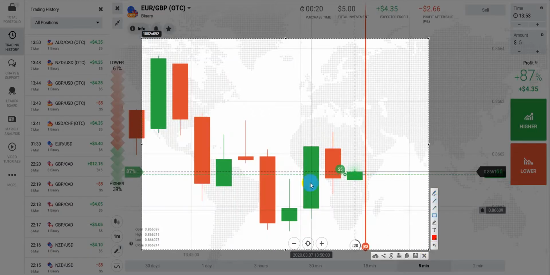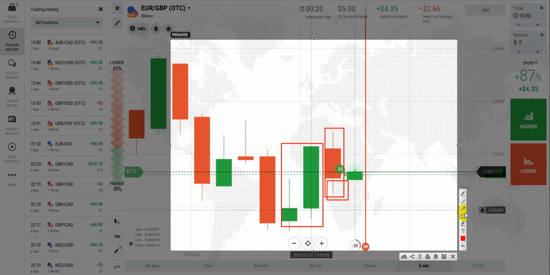Actually the market is trying to change direction. Here, according to these two candles, that means the buyers are too strong, and in this candle the seller tries, but finally there is some rejection, also rejection from the buyer, and our next seller area is here.